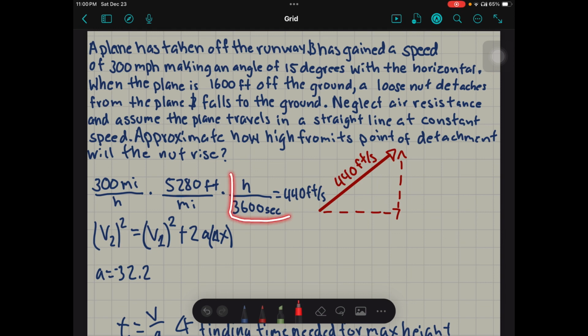We know that 1 hour equals 3,600 seconds, so we can cancel out the hours, and now we have feet over seconds. So after that, we finally have the units we wanted. When we plug everything in, we get 440 feet per second.